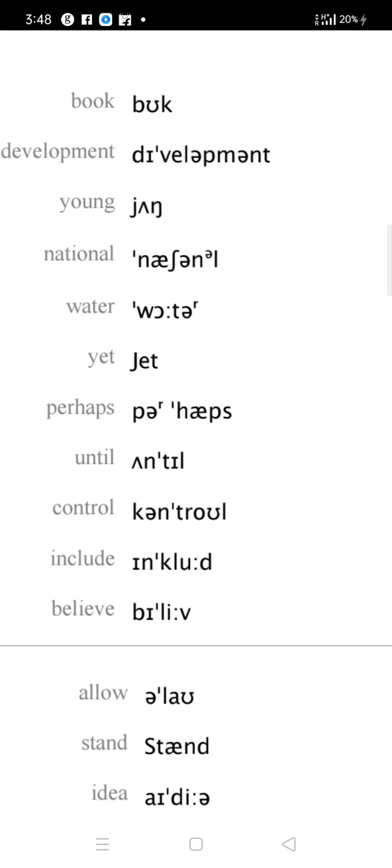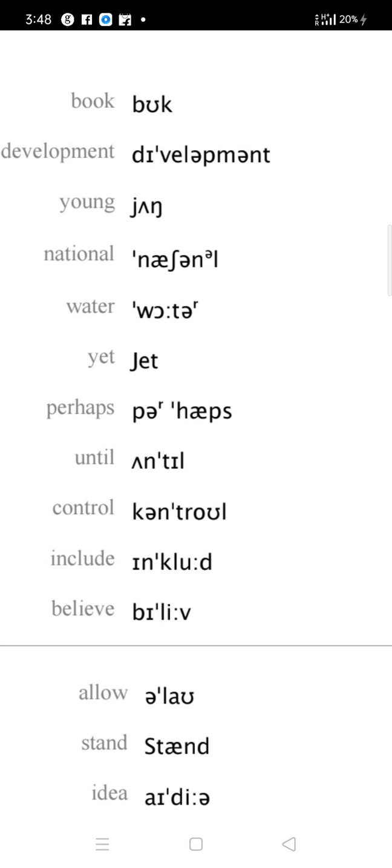Okay, very good. Not r. Actually, this sound is, yeah, water, water.